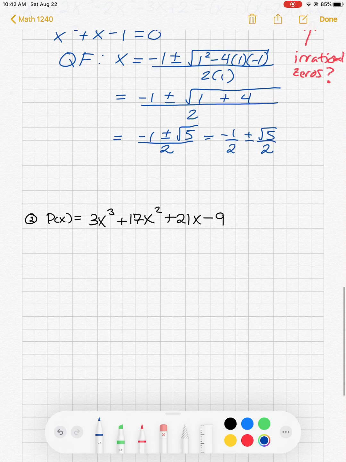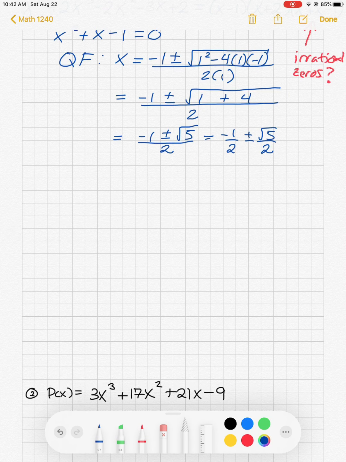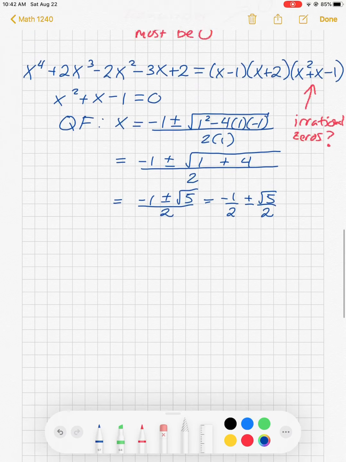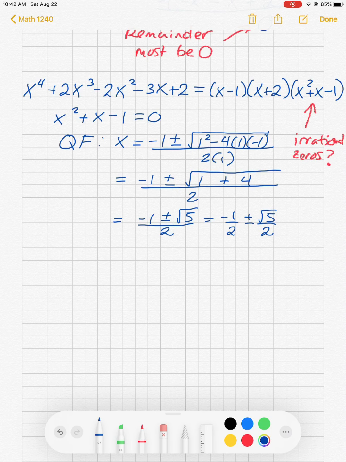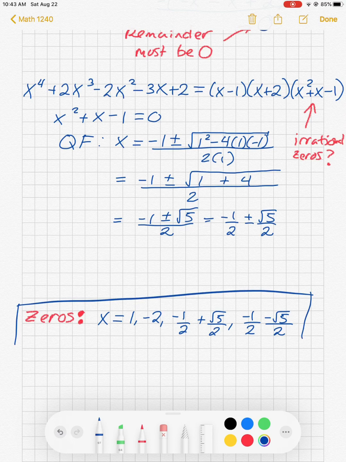All right, so I think there's only 2 of these ones. So what is my answer? I was asked, find all the zeros. So what were all the zeros of my polynomial? They were 1, negative 2, and then negative a half plus root 5 over 2, and negative a half minus root 5 over 2. So I have all 4 zeros of this 4th degree polynomial.